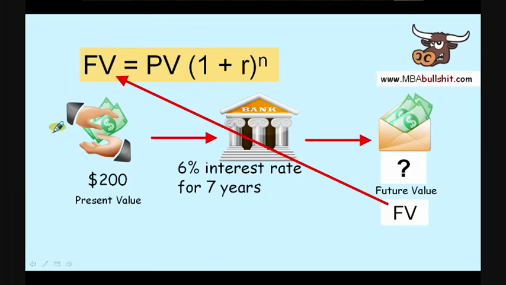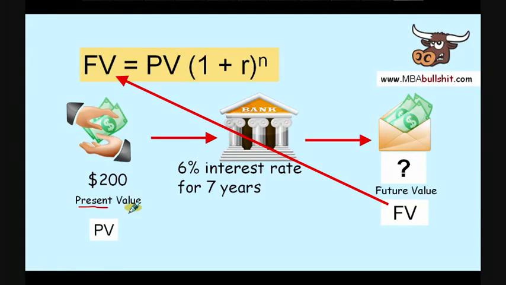This $200 that I'm giving you today, okay, is called the present value. Present means today. Alright? So $200 is known as the present value, and it is written as PV.